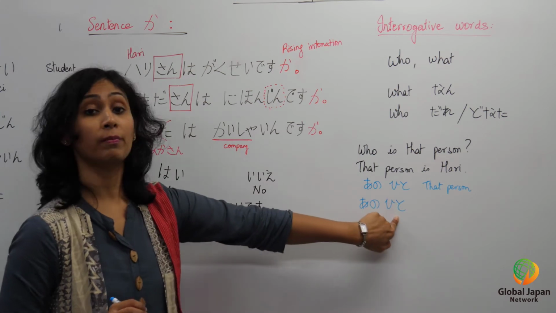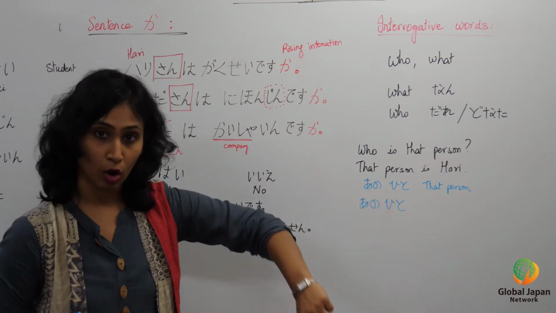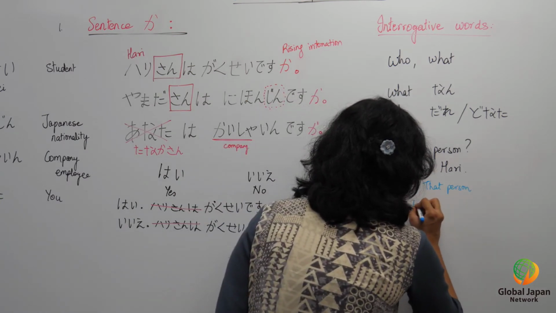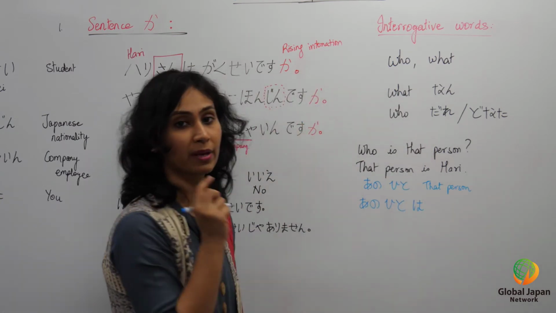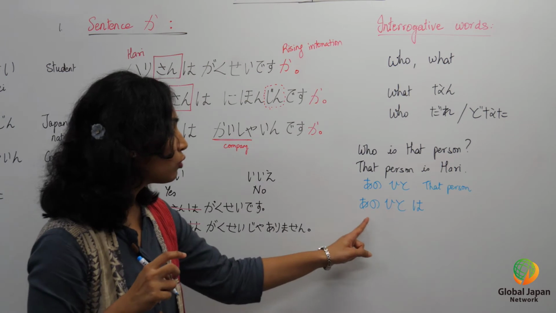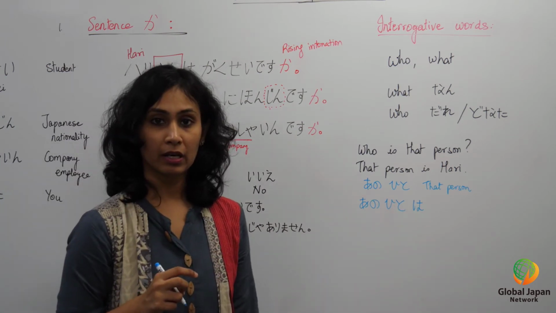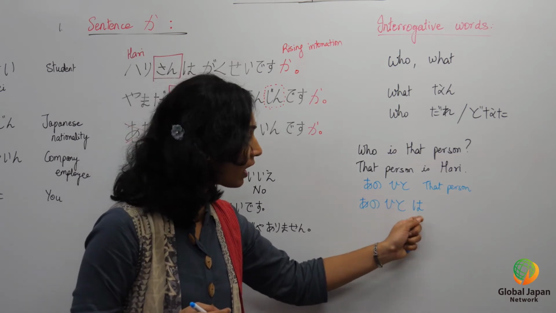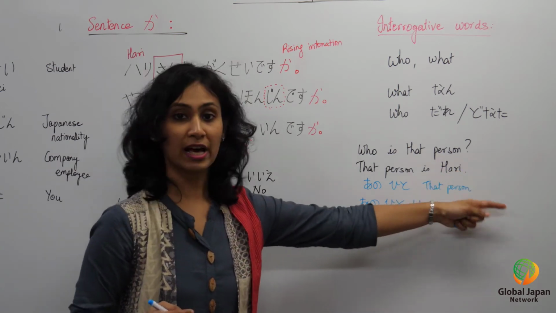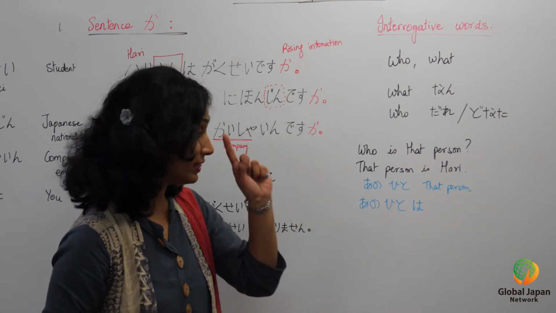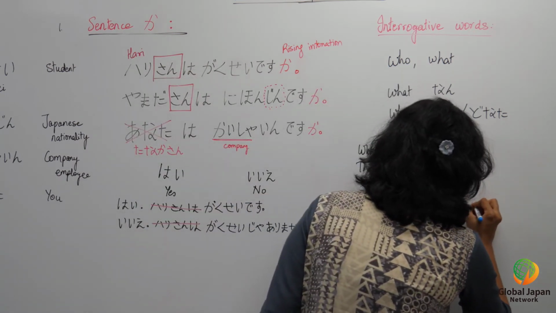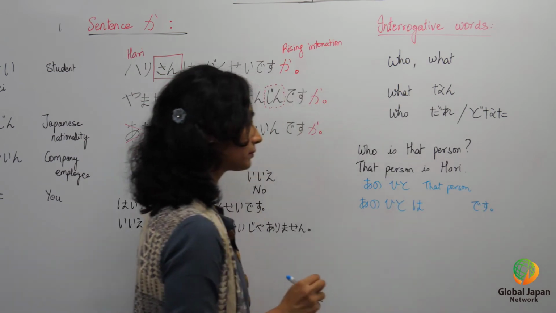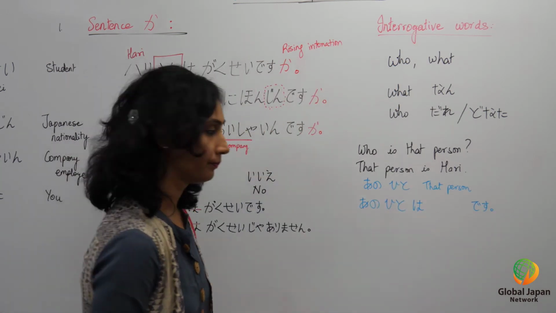Whenever you want to make a noun into a topic, the noun has to be followed by the particle wa. This is the topic marker. Anohito wa. Let us give information about this topic. Anohito wa, dash dash, this. It has to end with this because it is a statement. Hari.